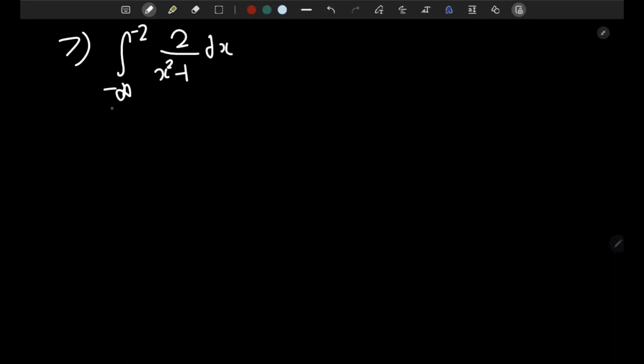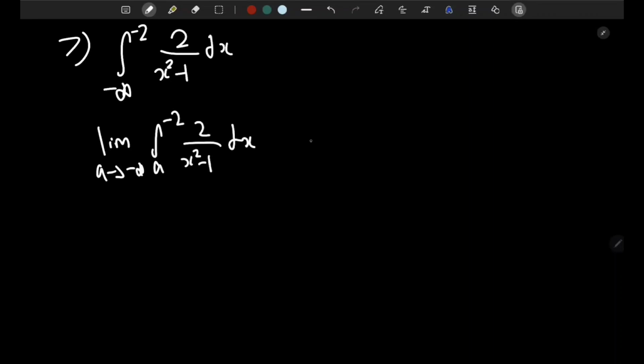Now moving on, let's substitute negative infinity by a. So it's going to be limit of a approaches negative infinity, integral from a to negative 2 of 2 over x squared minus 1. Now we need to use partial fractions to be able to decompose this fraction.